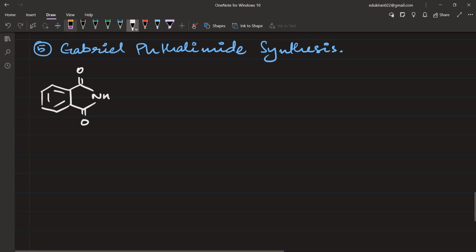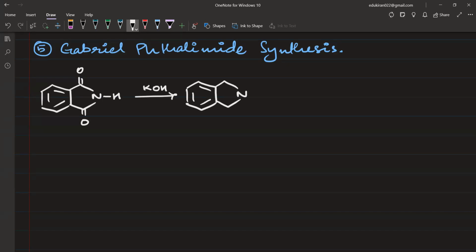Now, this hydrogen atom that is attached to this nitrogen atom is kind of acidic. Why is it acidic? Because if you remove this hydrogen, you will get a negative charge on nitrogen. This nitrogen can have resonance with this oxygen also and this oxygen also. So it is resonance stabilized. That is why it is slightly acidic. So if you react this with KOH, this hydrogen is acidic, and you are going to get nitrogen, with the double bond O as it is.